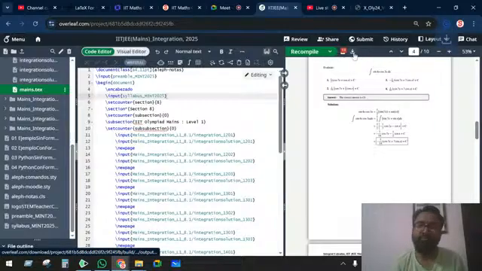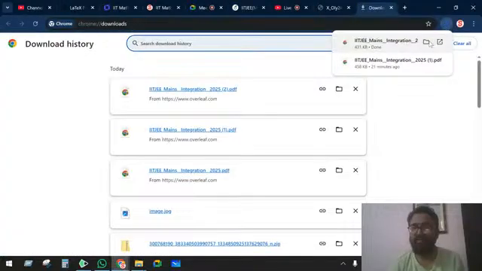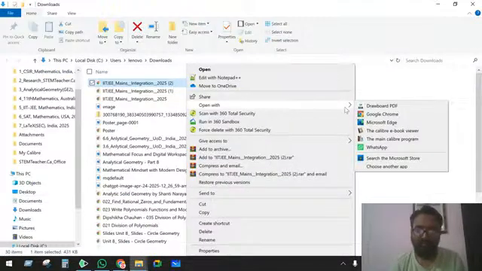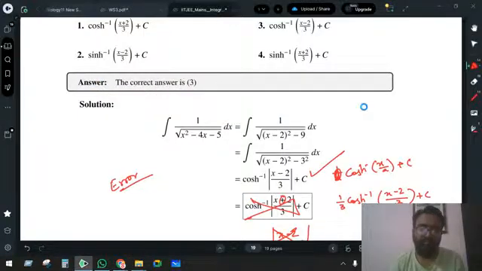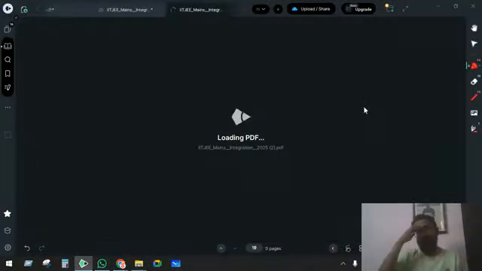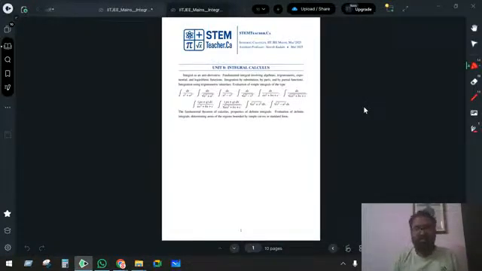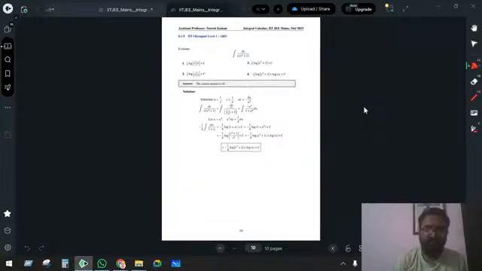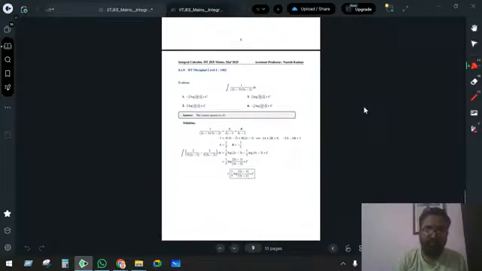Download. PDF has been generated. Here the last two problems are in this level; you have 3.